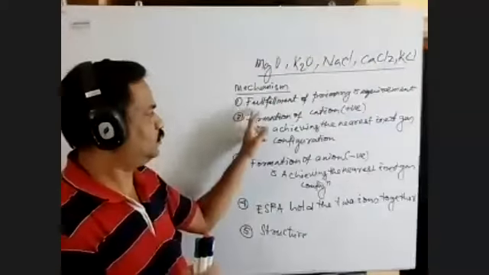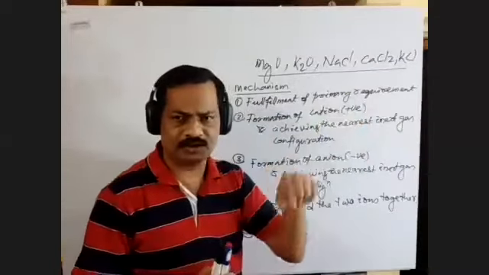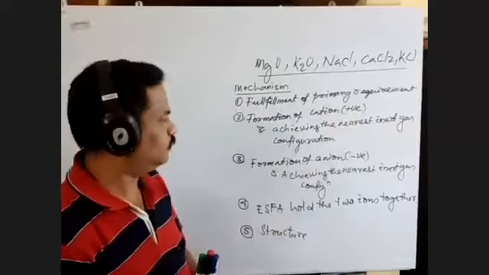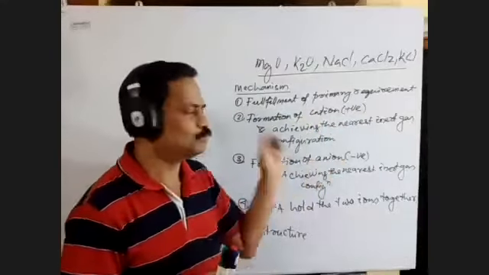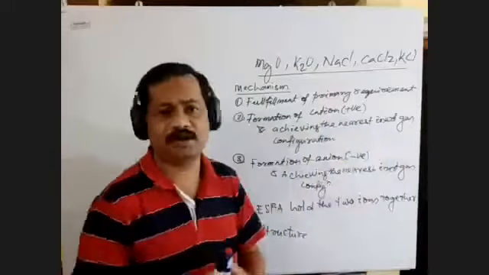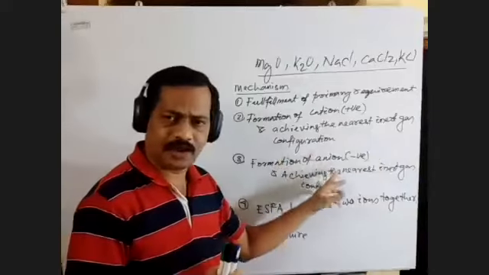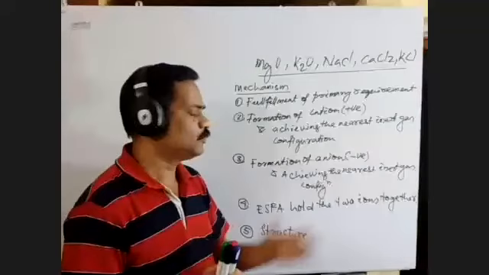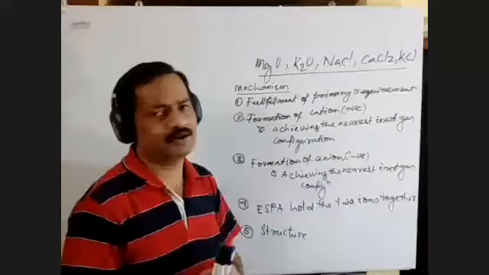What is the mechanism? The first is fulfillment of the primary requirement, meaning one must be a metal and the second a non-metal. Second, formation of a cation, that is a positive ion, by losing the electron and achieving the nearest inert gas configuration. Third, formation of an anion, that is a negative ion, by gaining electron and achieving the nearest inert gas configuration.